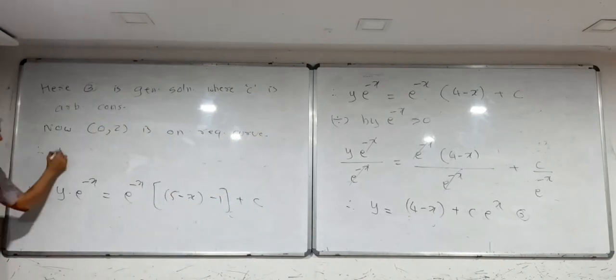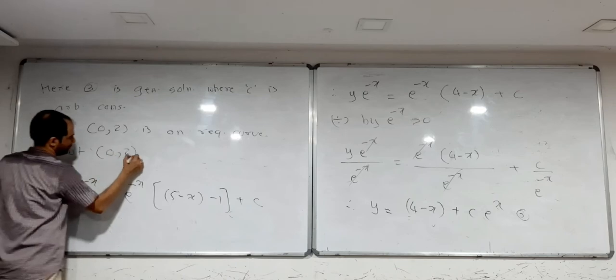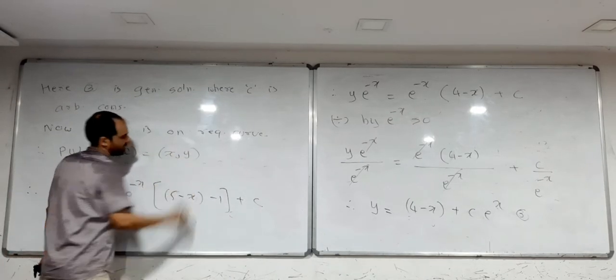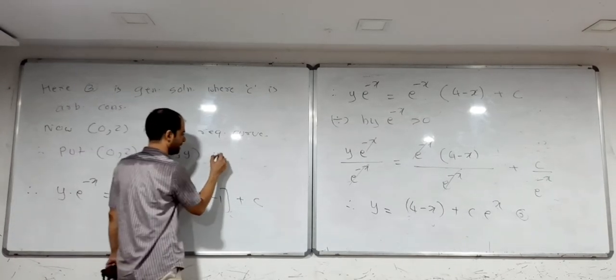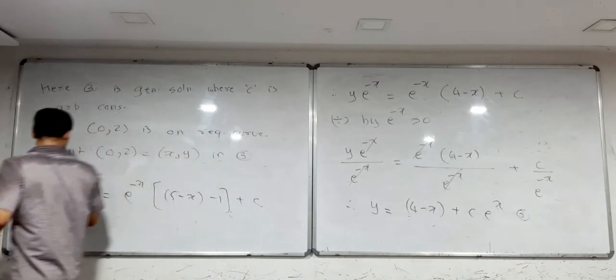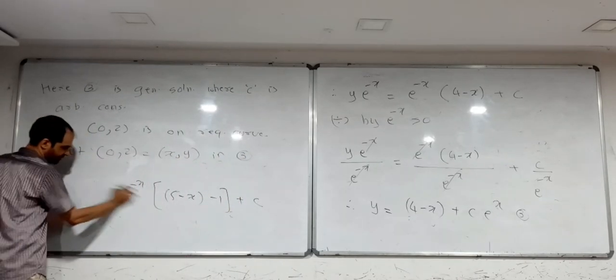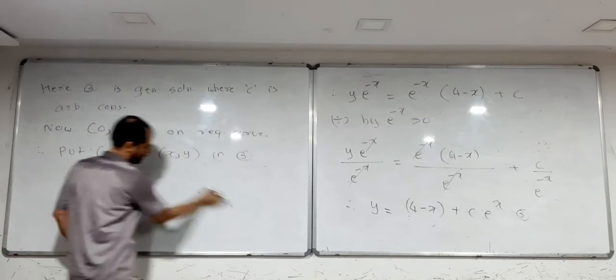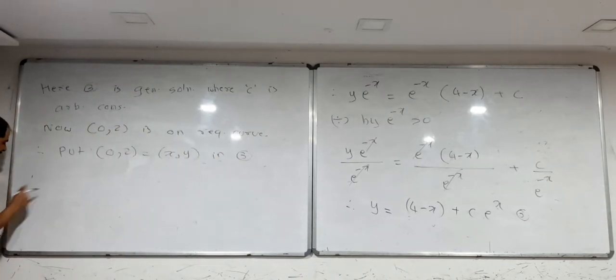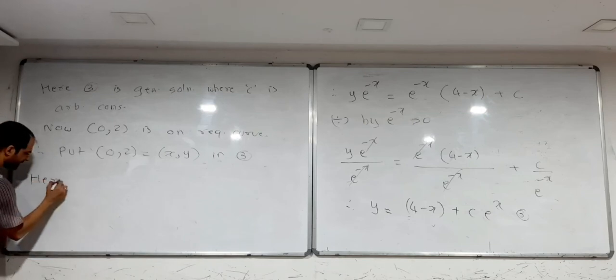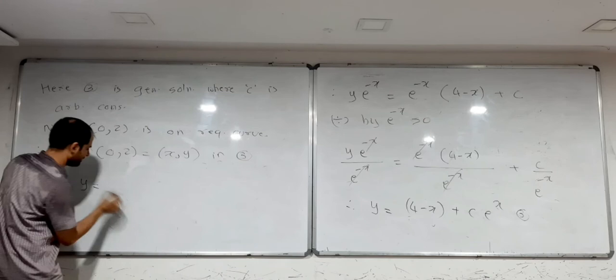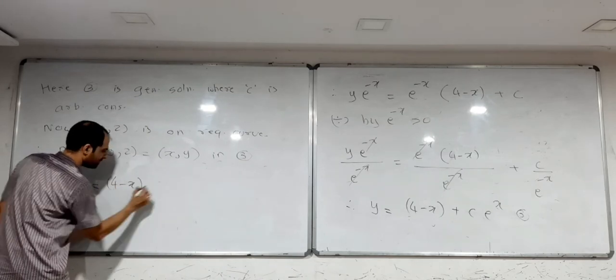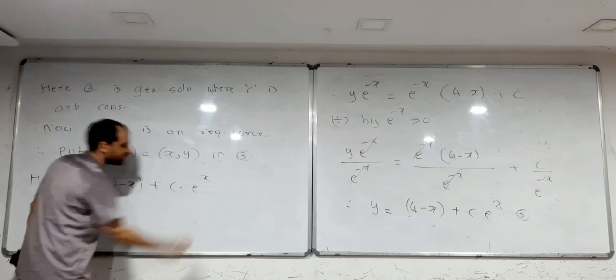So therefore put 0, 2 equal to x, y in 3. What we get in 3? Now here y कितना है, खाली वाली लिखता हूँ ताकि मिस्टेक ना हो, 4 minus x plus c into e raised to x.